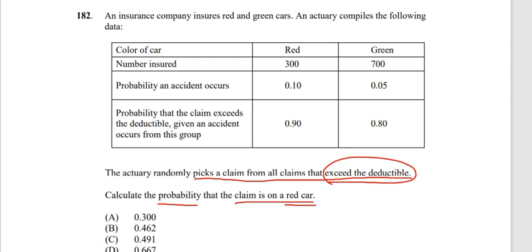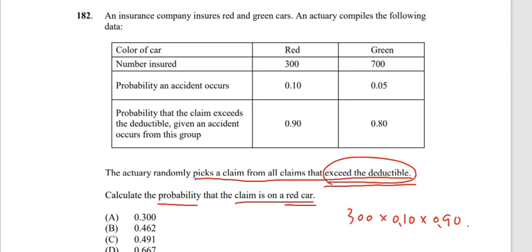So let's check those that exceed the deductible. For the red cars, we have 300 multiplied by the accident probability, and the accident exceeding the deductible is 90.